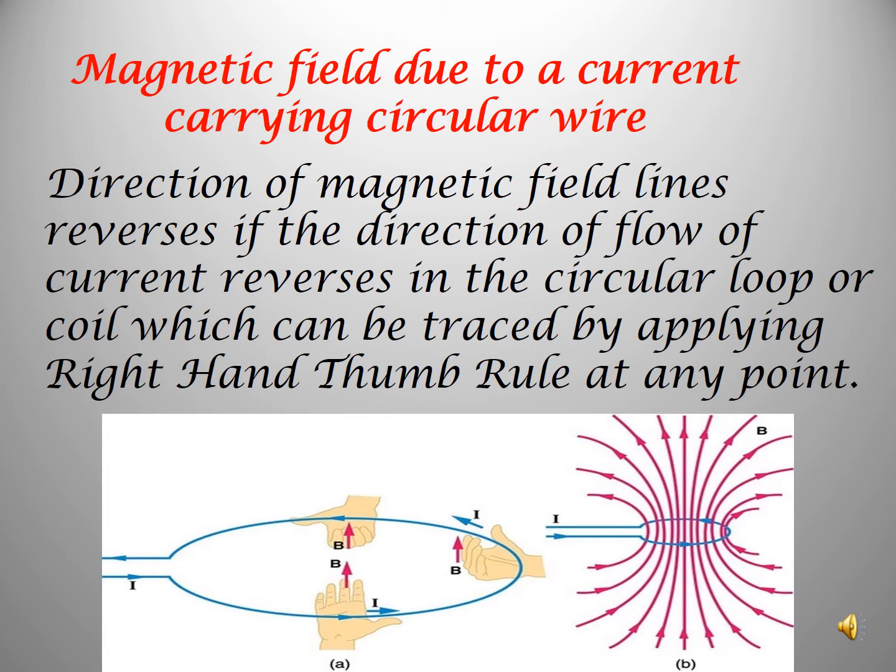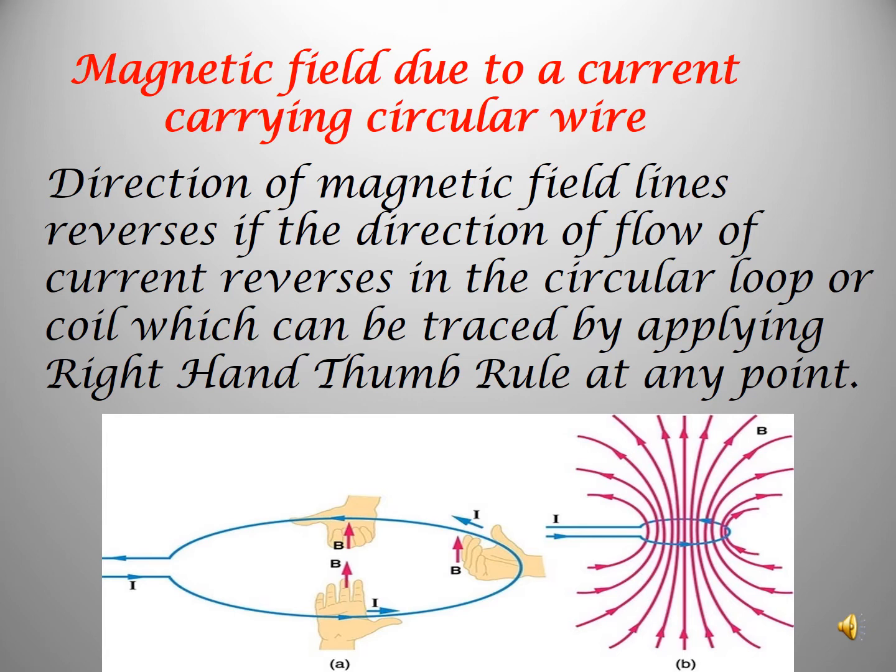The direction of the magnetic field lines reverses if the direction of the flow of current reverses in the circular loop or coil, which can be traced again by applying right hand thumb rule at that point. Try on your own.